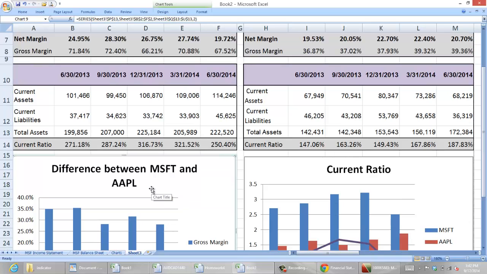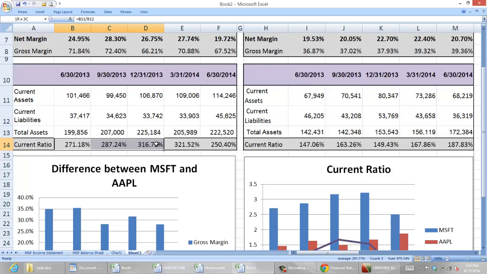I want to look at the current ratio. The current ratio, what does this mean? In terms of formula, it equals current assets divided by current liabilities. It belongs to the liquidity group of ratios, right? Okay. So over here, in the second quarter of 2013, the current ratio for Microsoft is 271%, or 2.7 times.